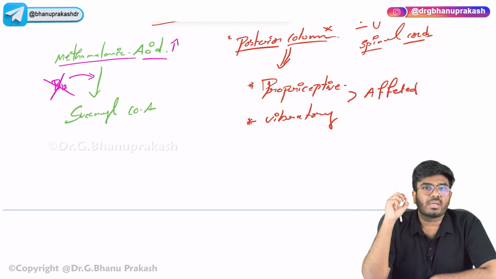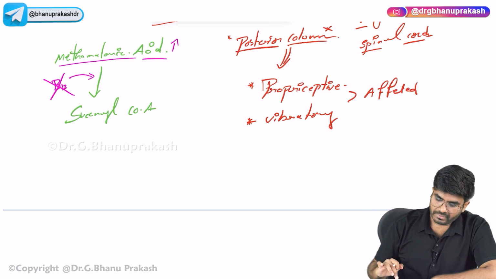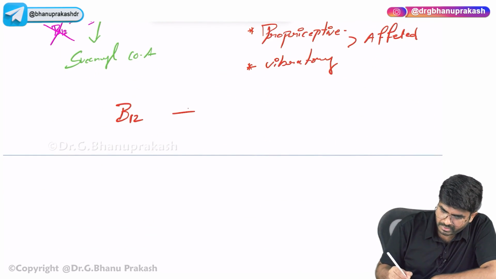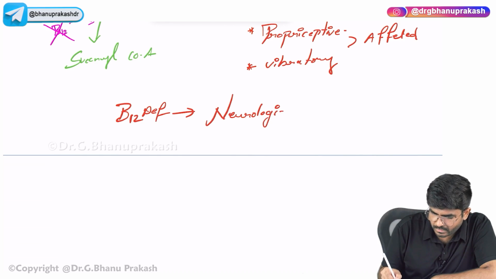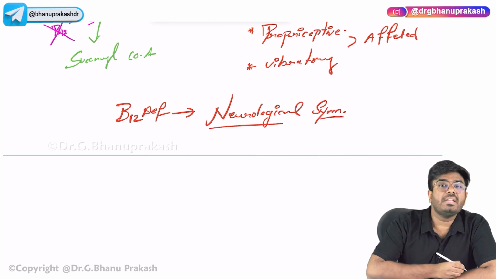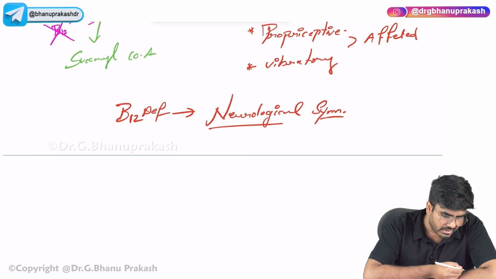That causes subacute combined degeneration of the spinal cord. So in B12 deficiency, the patient is having neurological symptoms. That's the MCQ. But in B9 deficiency, folic acid deficiency, such kinds of neurological symptoms are not seen. They are going to be absent.